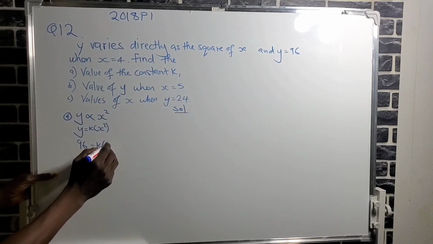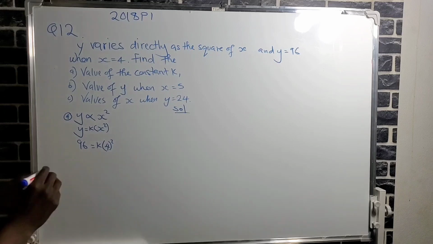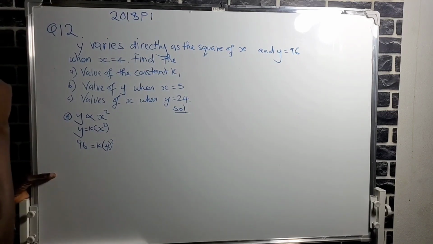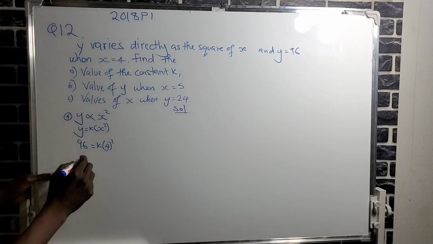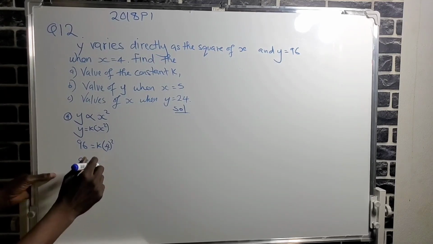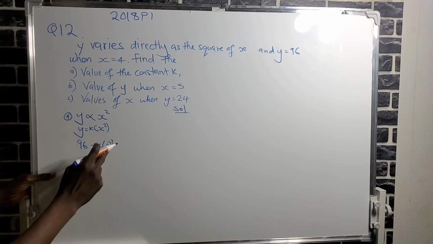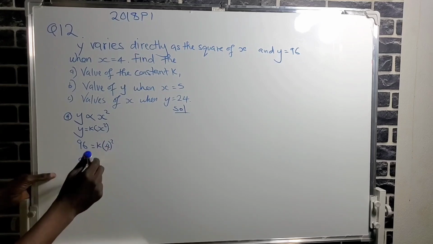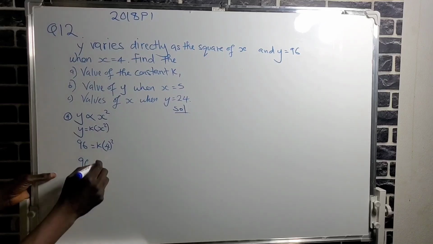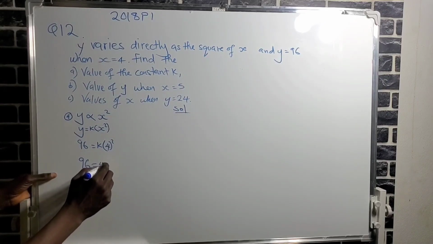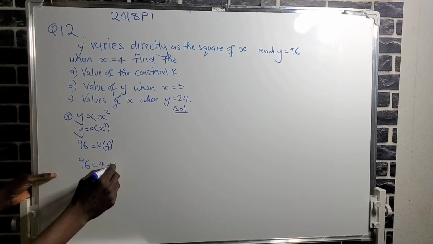So we're going to write 4 squared. Then 96 is equal to k times 4 squared, which is the same as 4 times 4k.